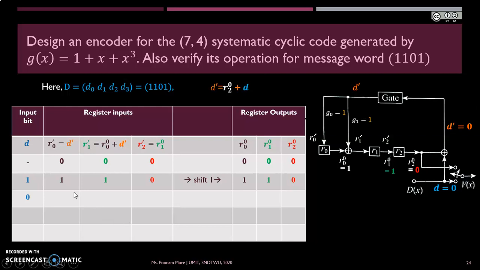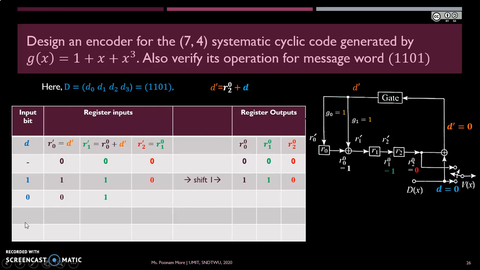Therefore, as D dash is equal to 0, the input for R0, that is R0 dash, also becomes 0. Then we will find out the value for R1 dash. By considering the value of R00, that is 1, and the value of D dash, which is equal to 0, the value for R1 dash is coming out as 1.